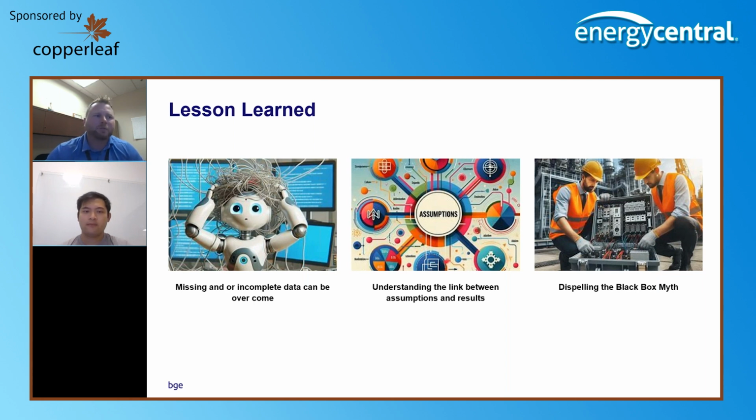And then probably the last one I would highlight here is kind of dispelling the myth of the black box. So we talked a little bit about all the great things Copperleaf does when Orion gave his overview, where, hey, it's analyzing this many billions of combinations. And as you're trying to execute a project, sometimes you're just trying to make the system work and you're putting some things in there because you're like, all right, I need to get something here so that this thing can start optimizing.